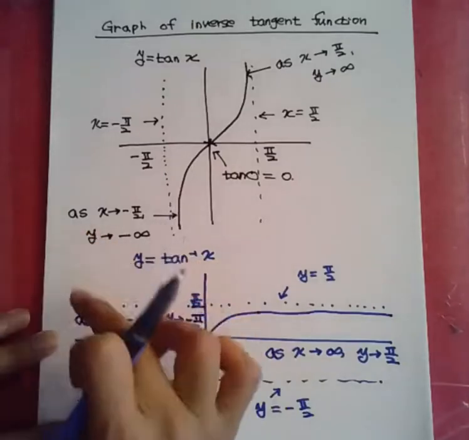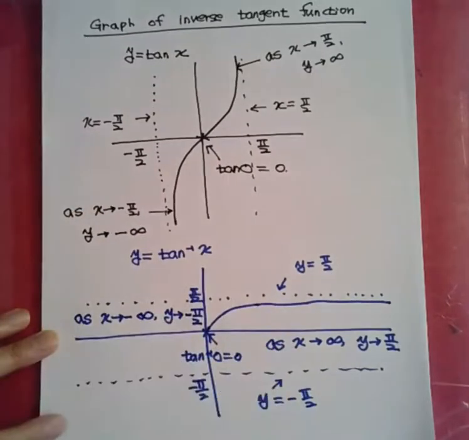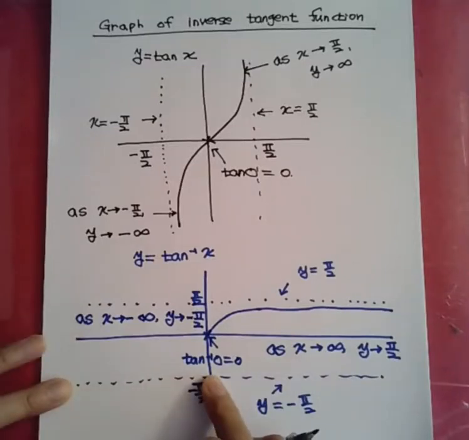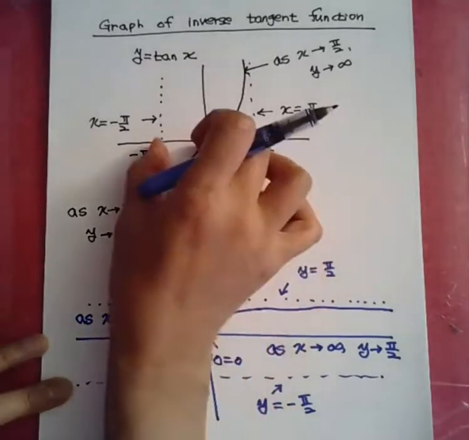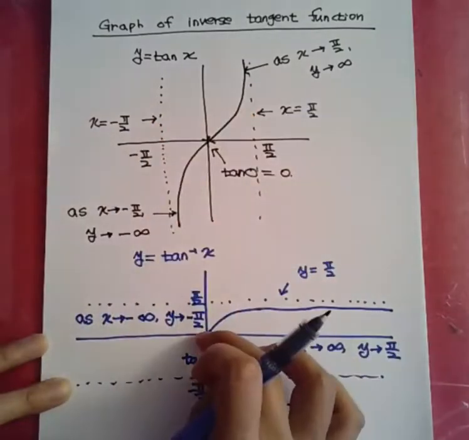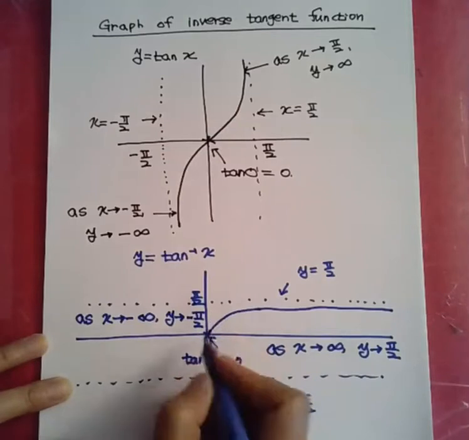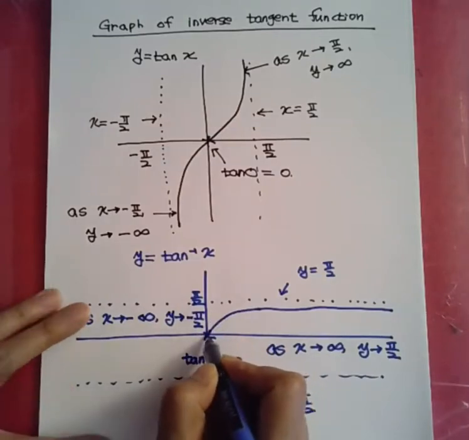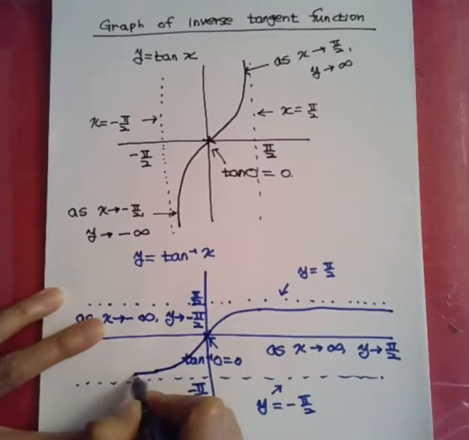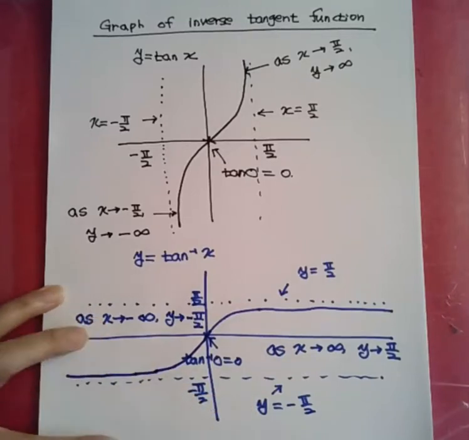So y became x, x became y. And this is an asymptote, and the x value stayed negative here, so the y value will stay negative here in the inverse function. So the only way that can happen will be when the graph changes in this way.